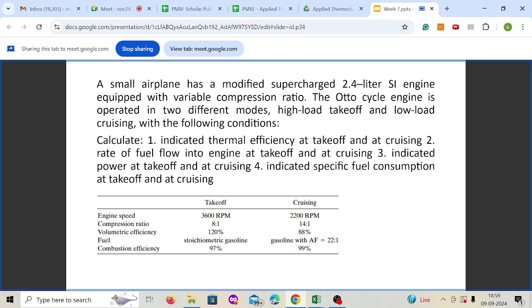Calculate: 1. Indicated thermal efficiency at takeoff and at cruising. 2. Rate of fuel flow into the engine at takeoff and at cruising. 3. Indicated power at takeoff and at cruising. 4. Indicated specific fuel consumption at takeoff and at cruising.